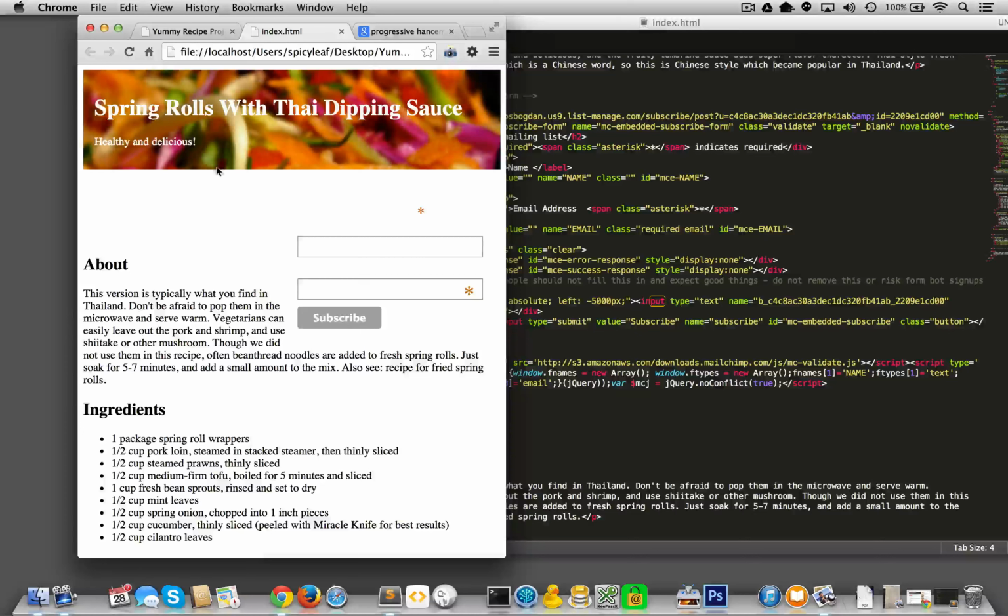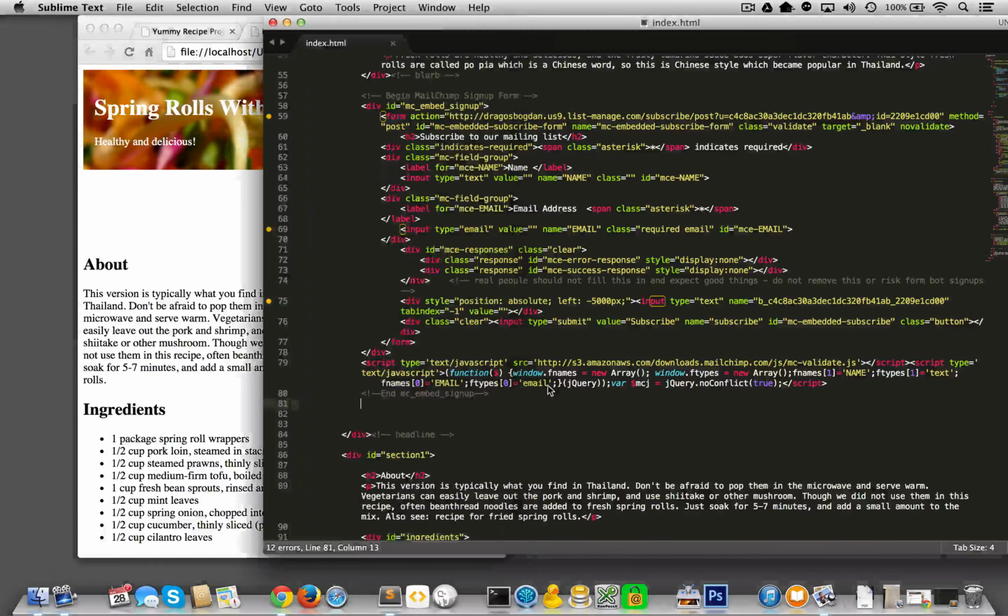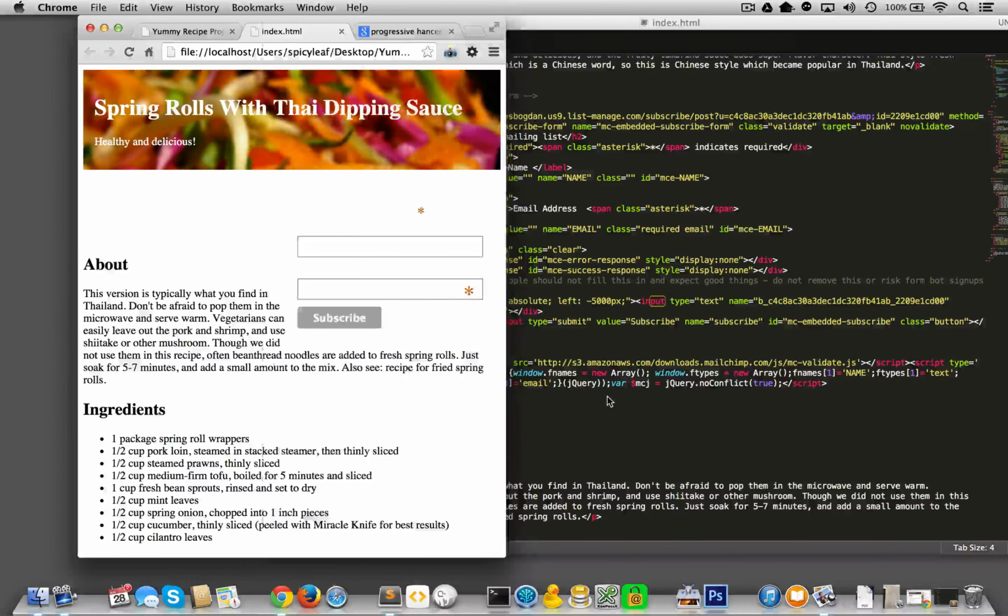The reason this is happening is because float works with clear. Now, clear is, well, let me show you. Clear makes sure that it clears the float because it goes outside of the document flow.